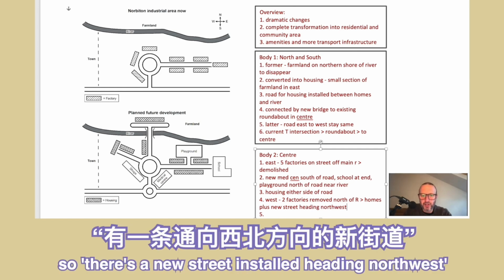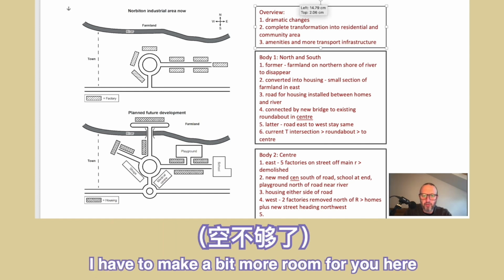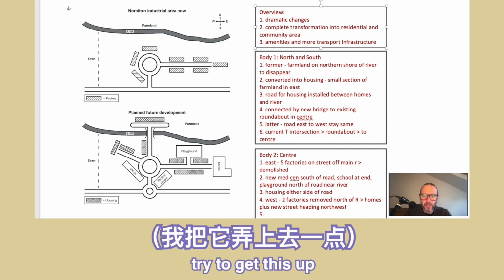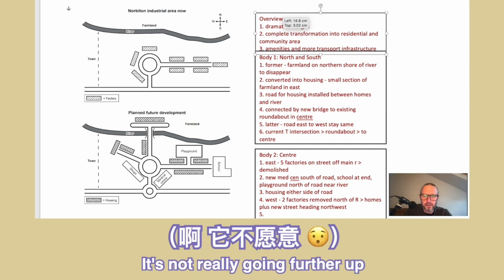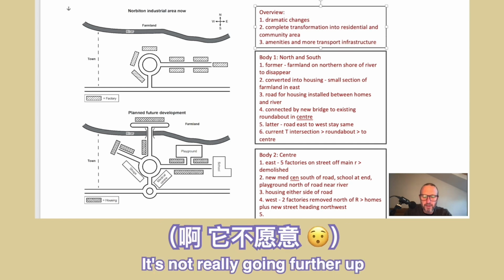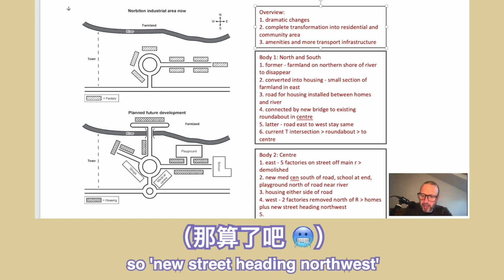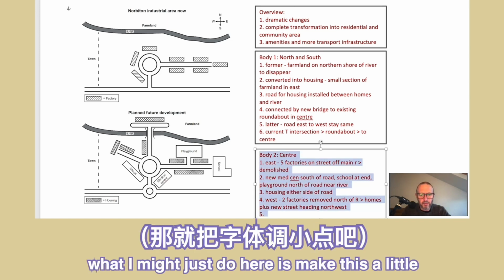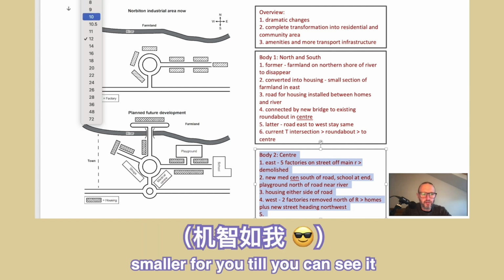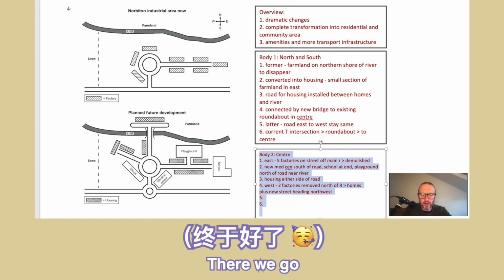So there's a new street installed heading northwest. I have to make a bit more room for you here, I think. Let me try and get this up. Oh, it's not really going further up, is it? So new street heading northwest. What I might just do here is make this a little smaller for you so you can see it. There we go.